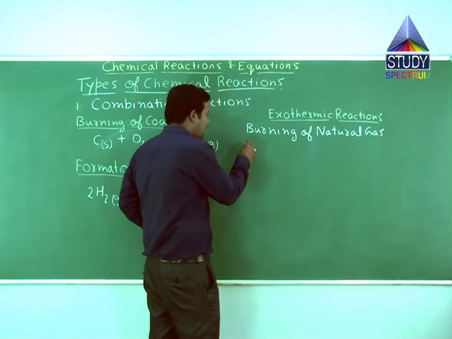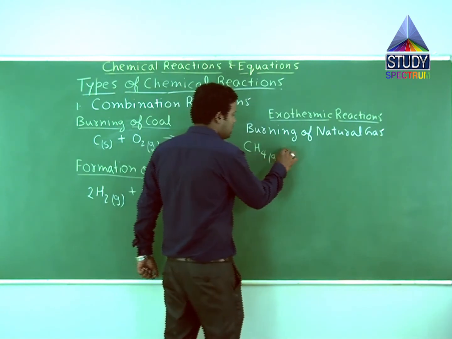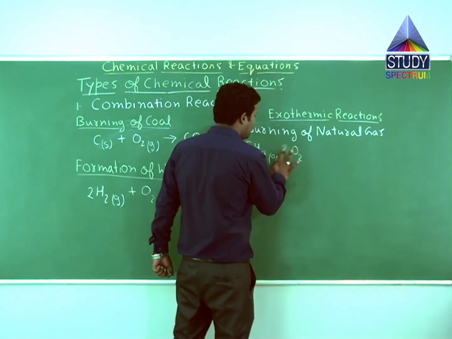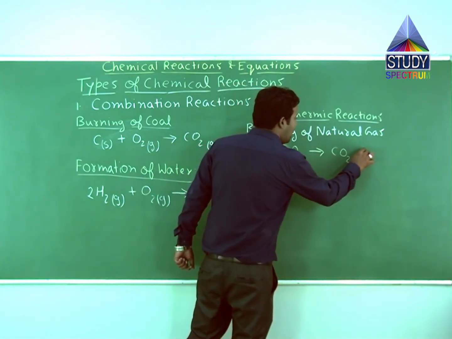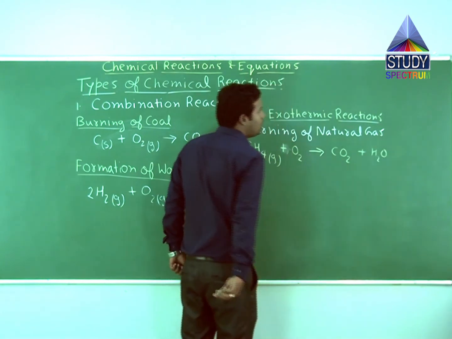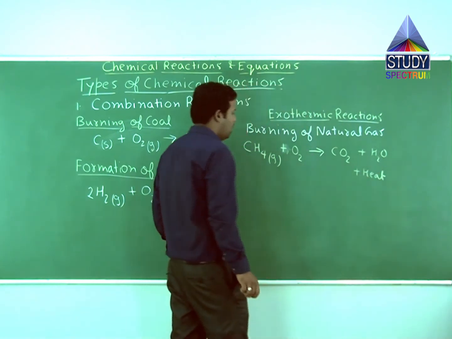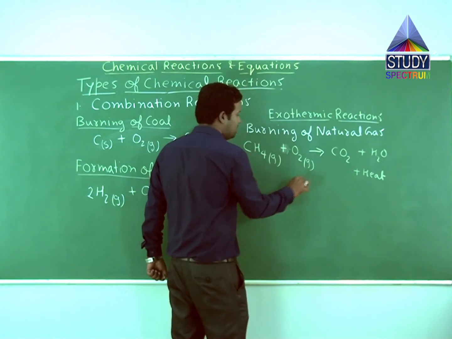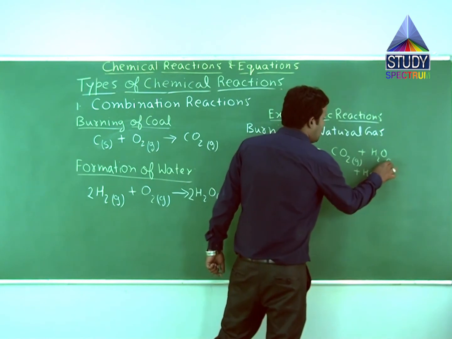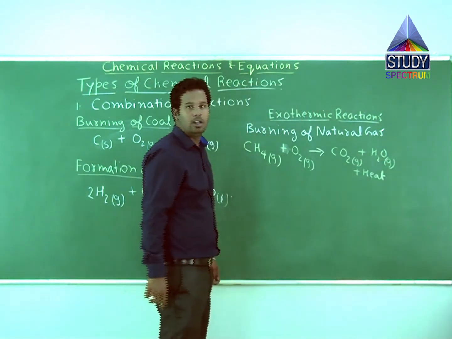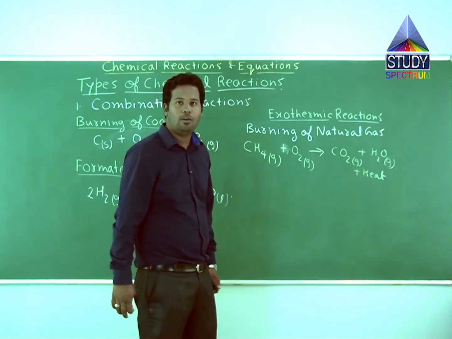So if I am trying to burn this gas in the presence of oxygen, it will form carbon dioxide and water plus heat. Now oxygen is also in the form of gas. Since this is a burning process, carbon dioxide will be in gaseous form, and the water will also be in gaseous form, since a huge amount of heat is being liberated.